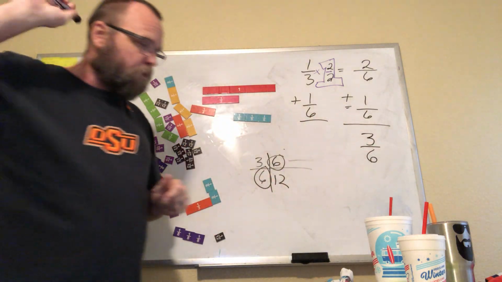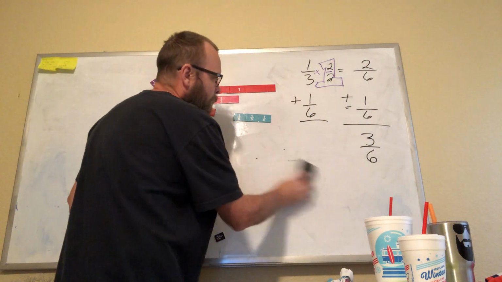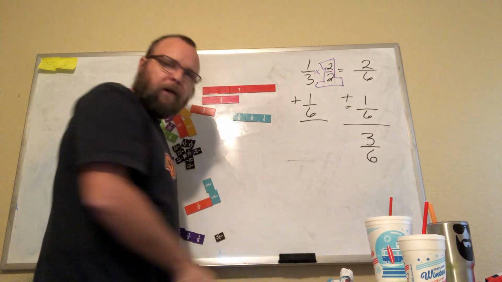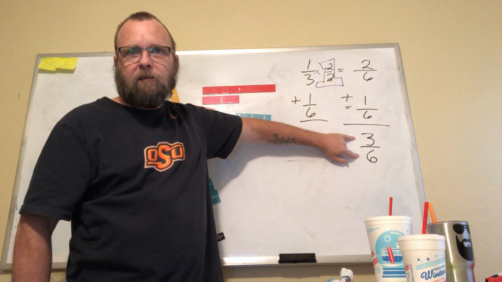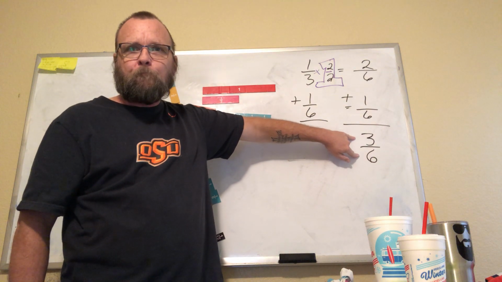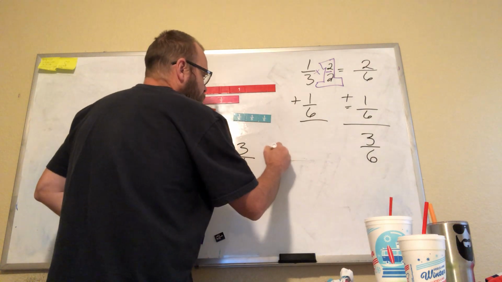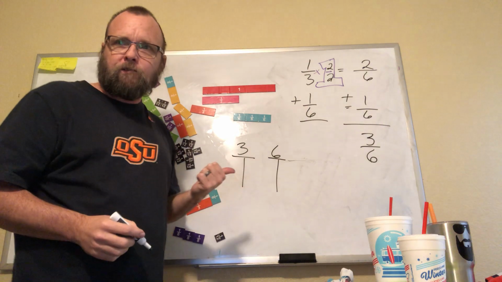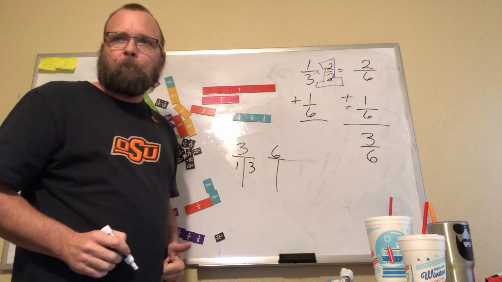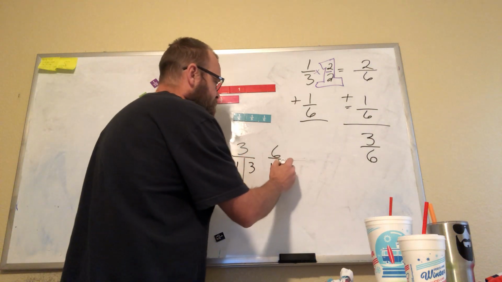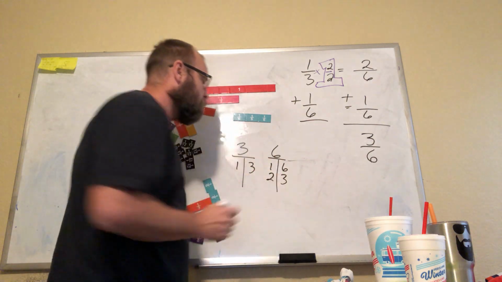Also last week, we did an assignment called Another Simplifying Fractions Assignment. What we do there is find what factor the two numbers have in common, so I can divide them both by that. If we list our factors of 3 and our factors of 6, 3 is prime, so the only factors of 3 are 1 times 3. For 6, 1 times 6, and obviously, it's an even number, so 2 times 3.